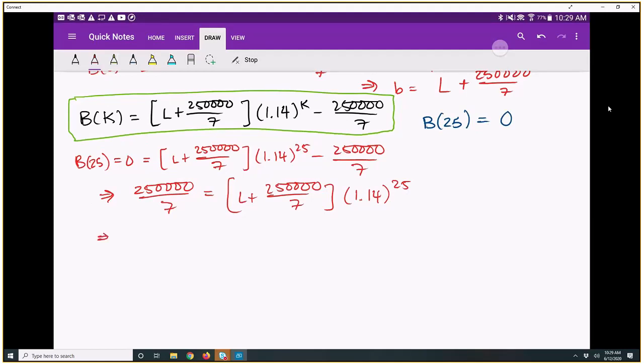So 250,000 divided by 7, and then this whole thing divided by 1.14 to the power 25, is equal to L plus 250,000 over 7.